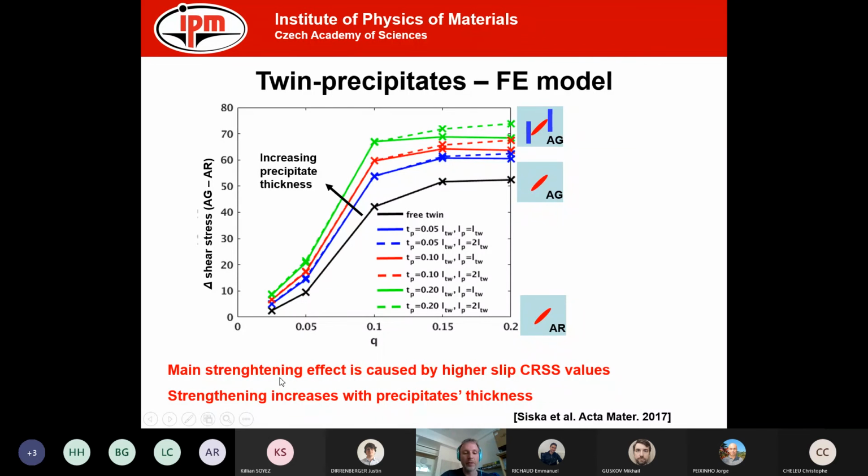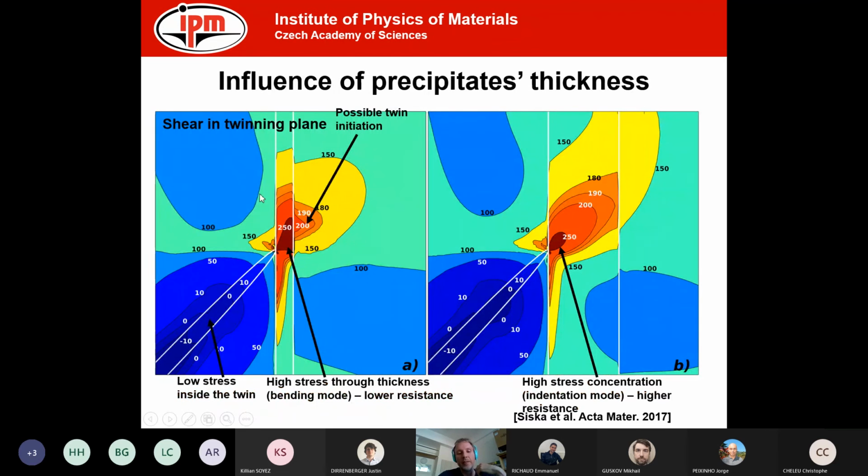So it can be concluded that the main strengthening effect is caused by the higher slip values, and the thickness of the precipitate increases the strengthening. Why is that? It can be explained in this map of the shear stress in the twin plane.